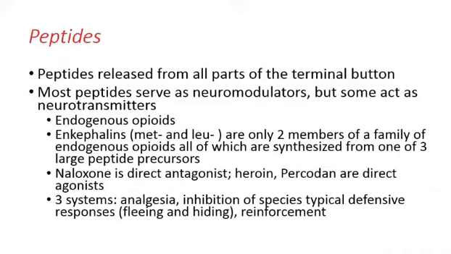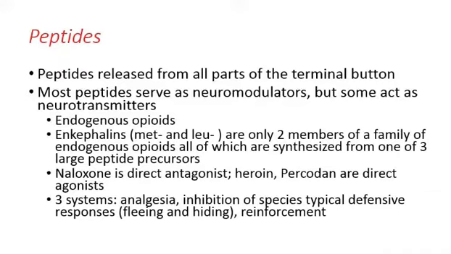Enkephalins are closely related to the endogenous opioids, or the endorphins. There's a metenkephalin and a leuenkephalin. Those two are the only two members of a family of endogenous opioids, which are all synthesized from one of three larger peptide precursors.